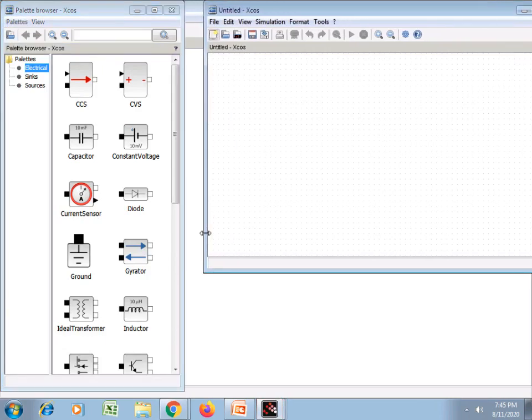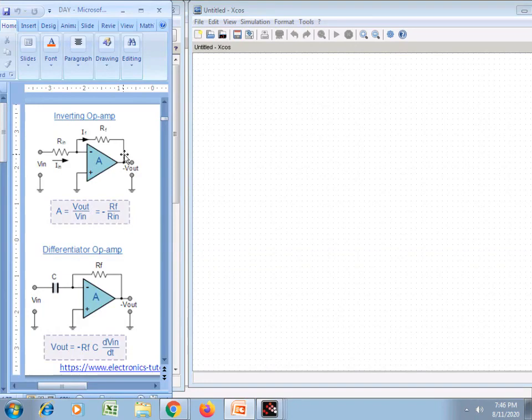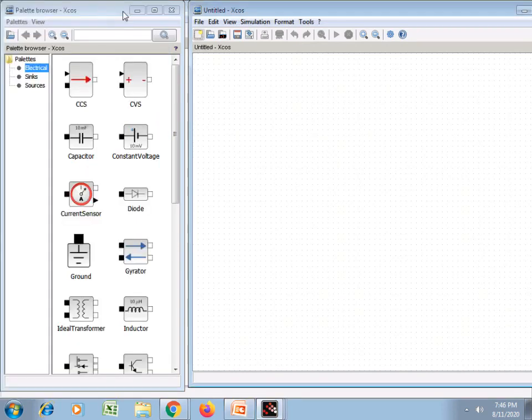So here are two windows, the palette browser and the Xcos editor window. Now I am going to draw this first circuit of op amp as an inverting amplifier. So for this I need an op amp, two resistors, then two ground blocks. I can get these blocks from the palette browser, from the electrical palettes.